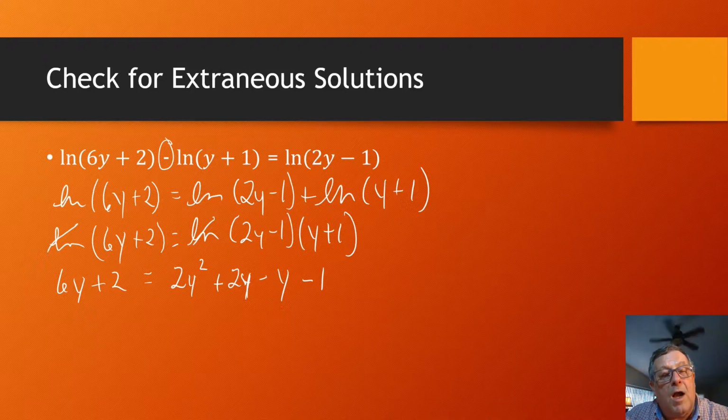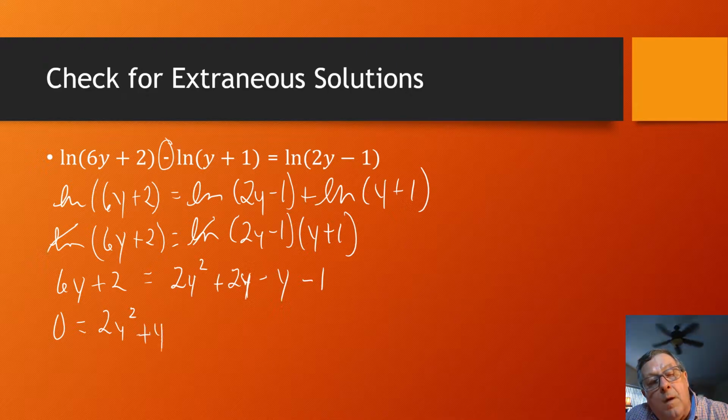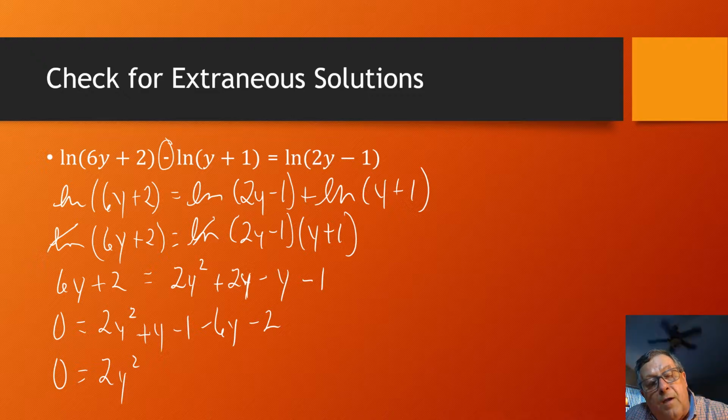We're going to subtract, let's do it like this, 0 equals 2y squared, combining the like terms over here, plus y minus 1 minus 6y minus 2. And when we combine those like terms, we got 0 equals 2y squared minus 5y minus 3.